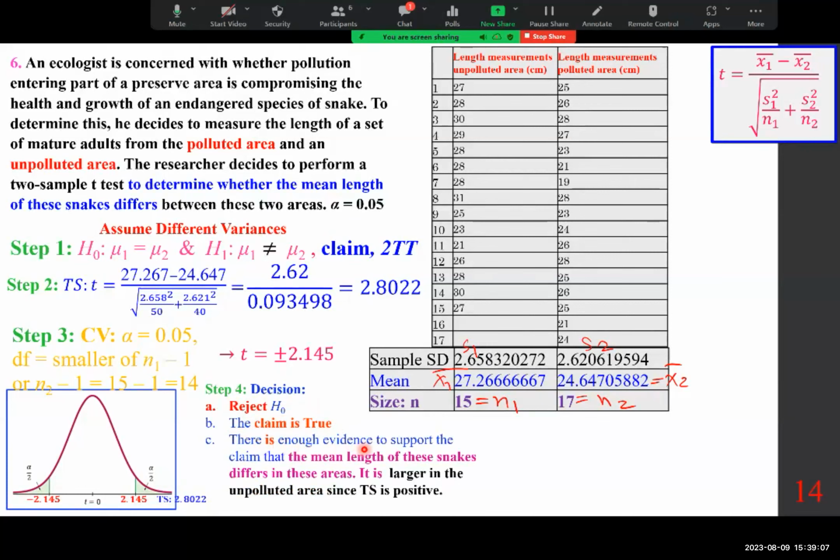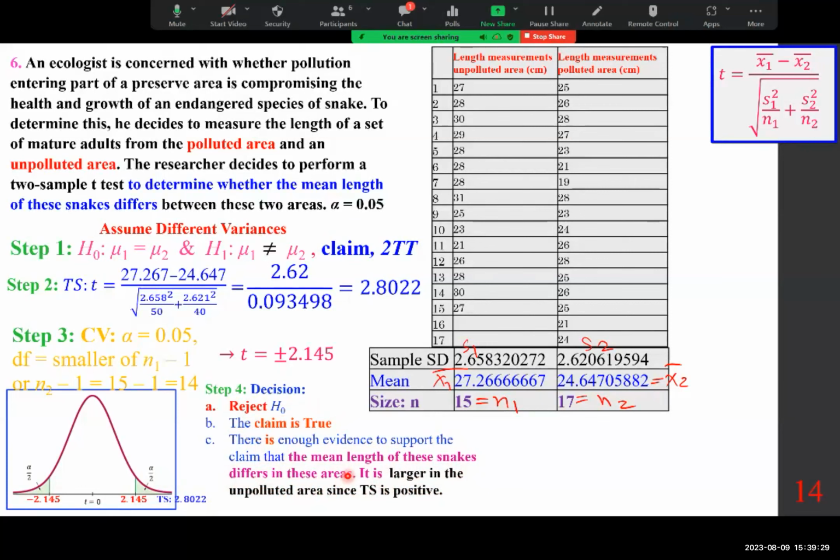There's sufficient evidence to support the claim that the mean length of these snakes differs in these areas. It is larger in the unpolluted area since the test statistic is positive. By the way, this part I'm adding to make sure everybody understands what's going on.